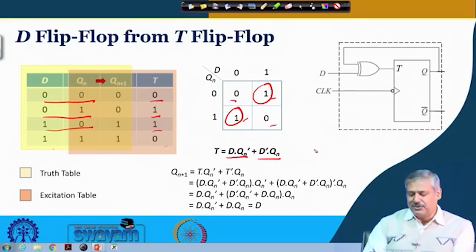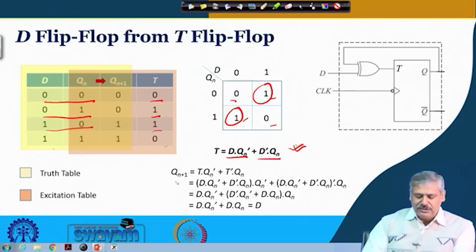So, essentially what we are getting here is the XOR of D and Qn. If we are knowledgeable about XOR operations, that is fine; otherwise, generally speaking, we can get it for sure by a standard method like this.